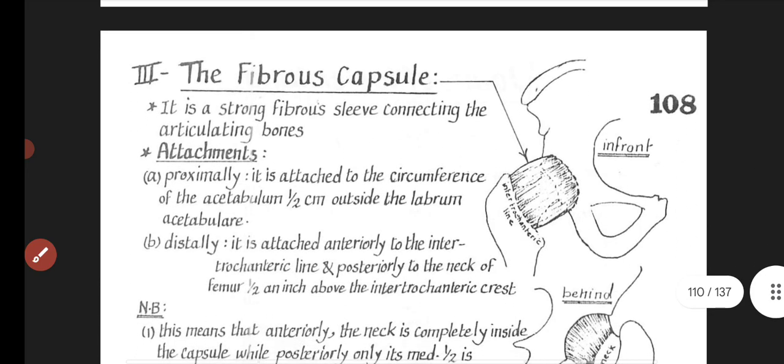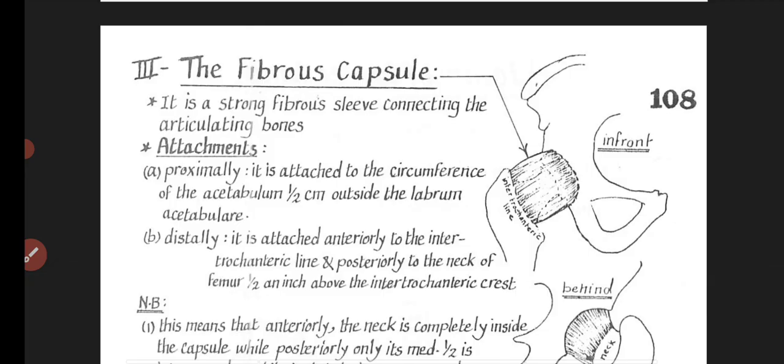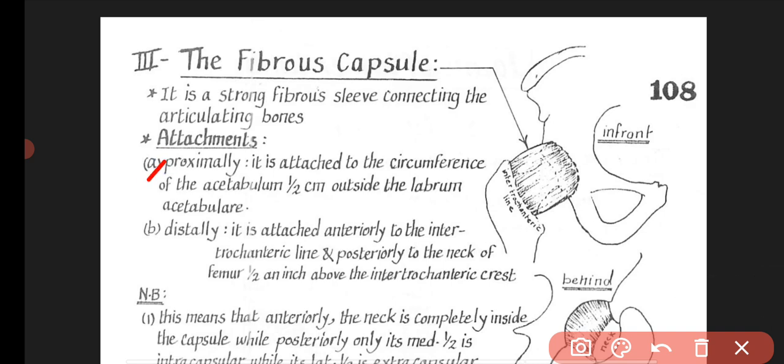Next, the fibrous capsule. It is a strong fibrous sleeve connecting the articulating bones. Proximally, it is attached to the acetabulum 1-2 cm outside the labrum, the acetabular labrum.